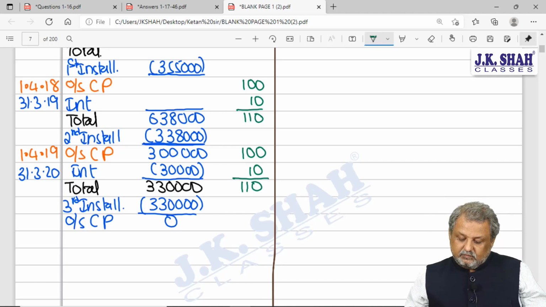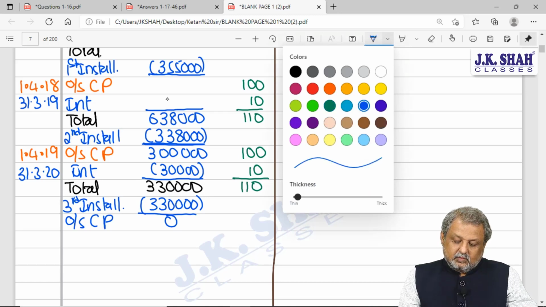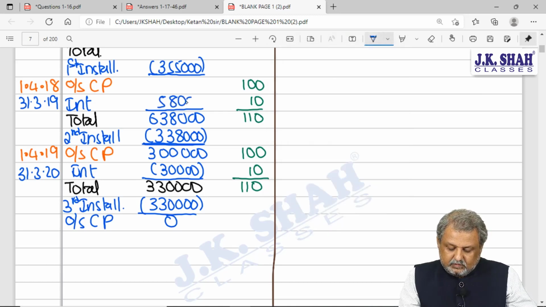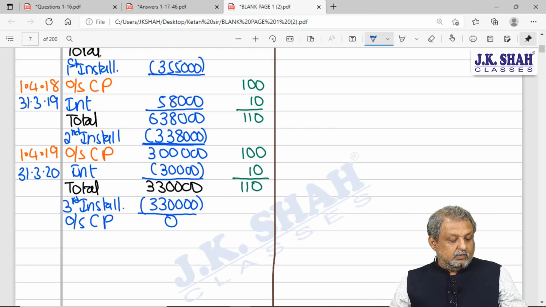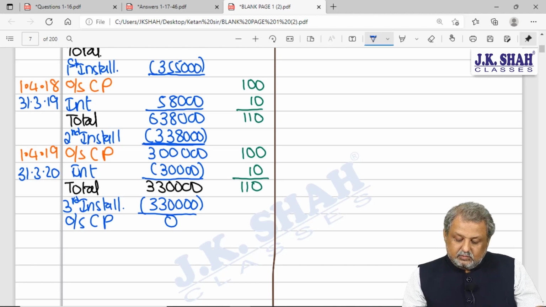Interest will be 58,000. So 6,38,000 minus 58,000, 5,80,000.